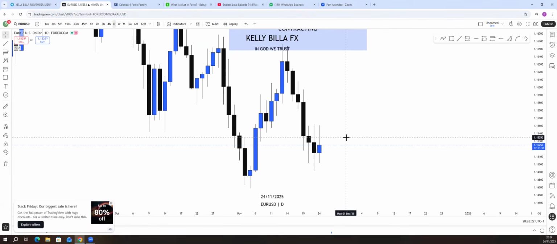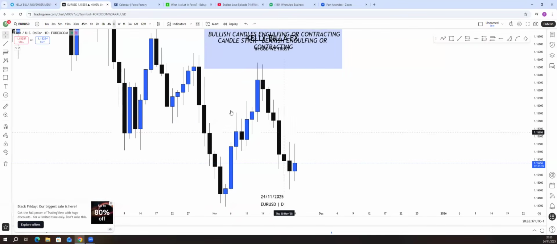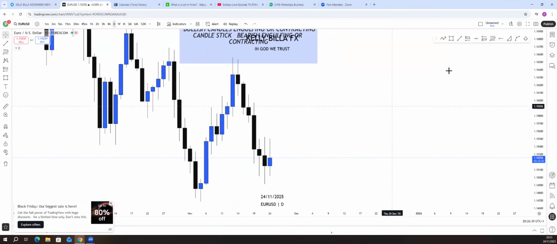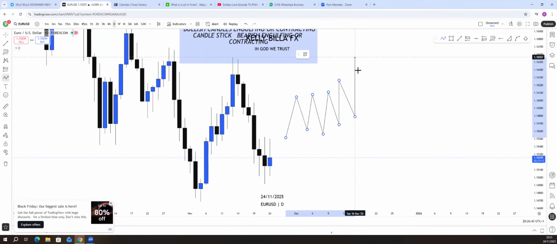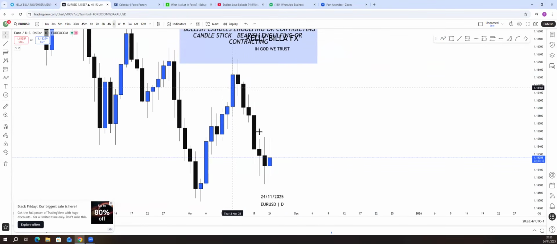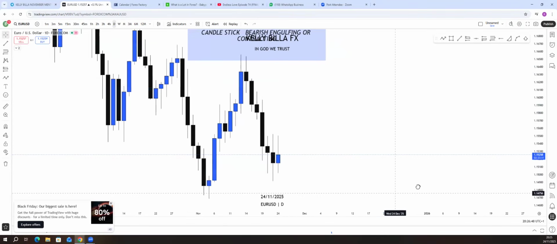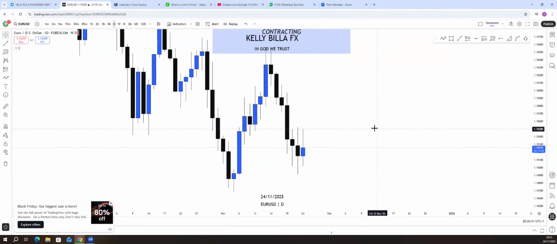Either it's a bullish engulfing or a bearish engulfing, or a bullish contracting or a bearish contracting candle. That is all. I haven't spoken about candlestick patterns, because many people will teach patterns, that if you see a certain candlestick moving like this, it means that price is going to sell. No, I don't teach you that, because that is not how you analyze, and that is not how I am going to teach you.